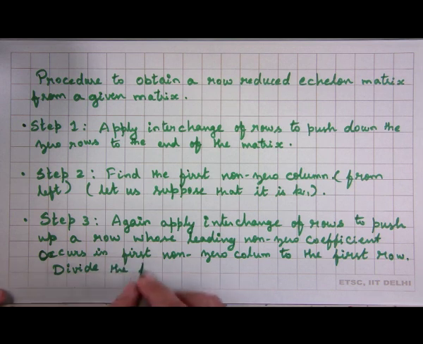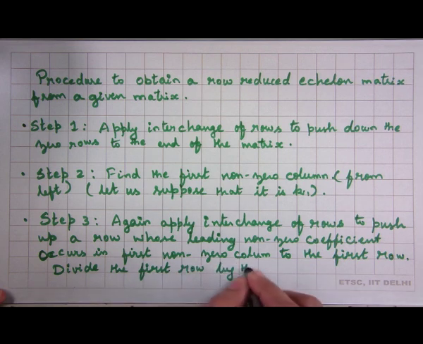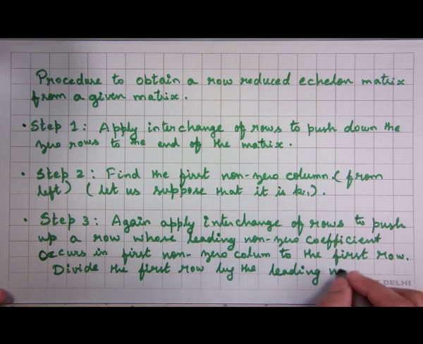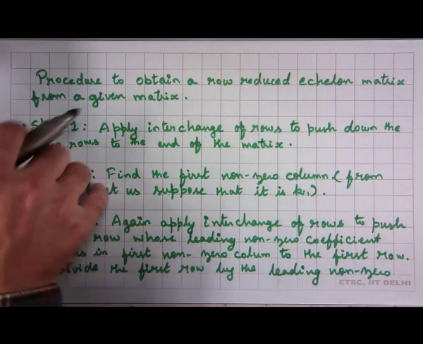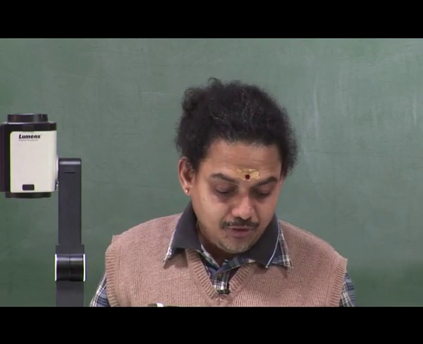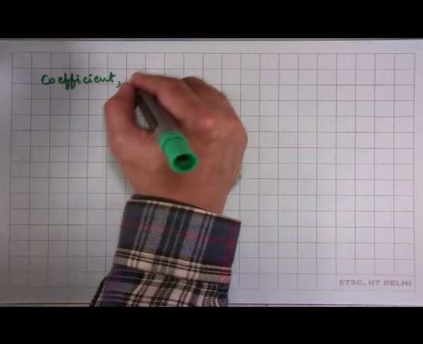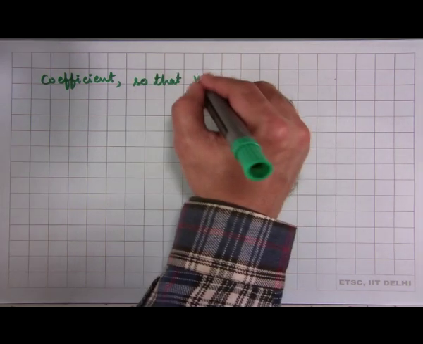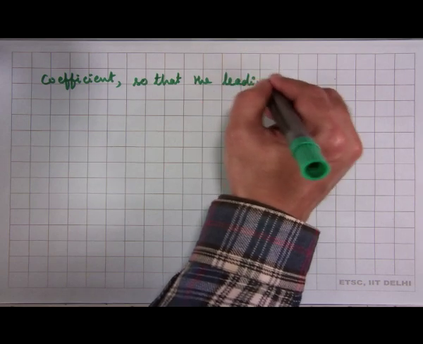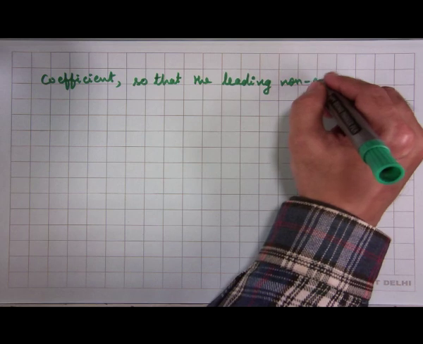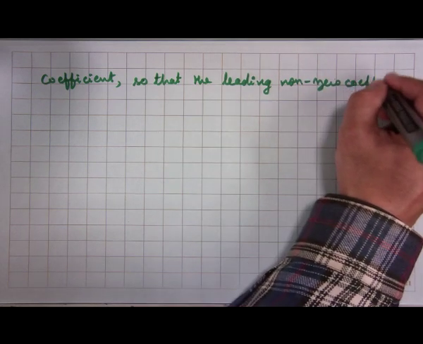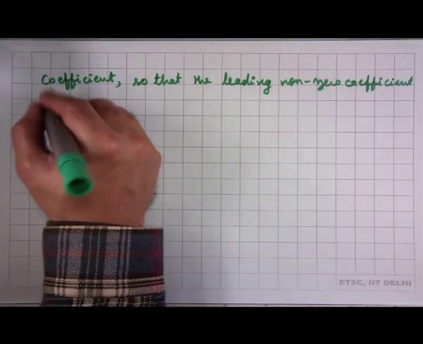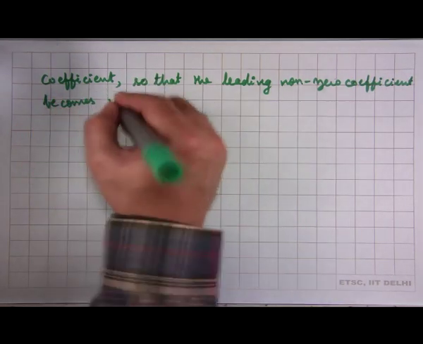Divide the first row by the leading non-zero coefficient, so that the leading non-zero coefficient becomes 1. I want that to be 1.